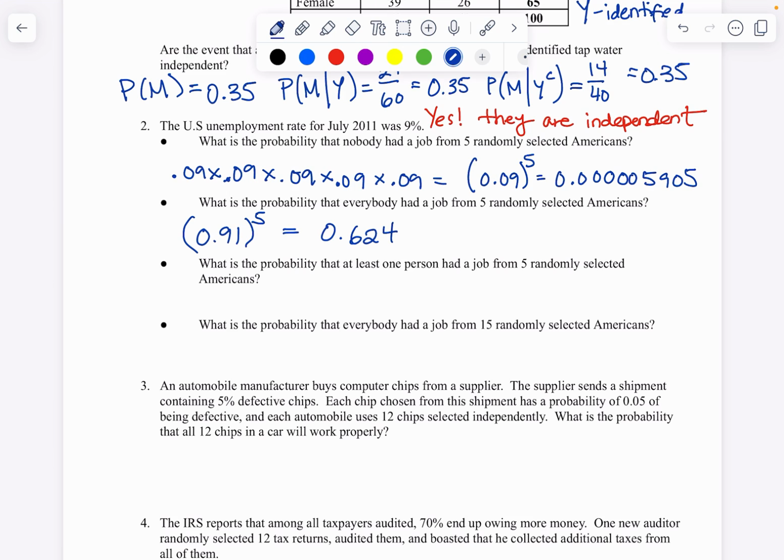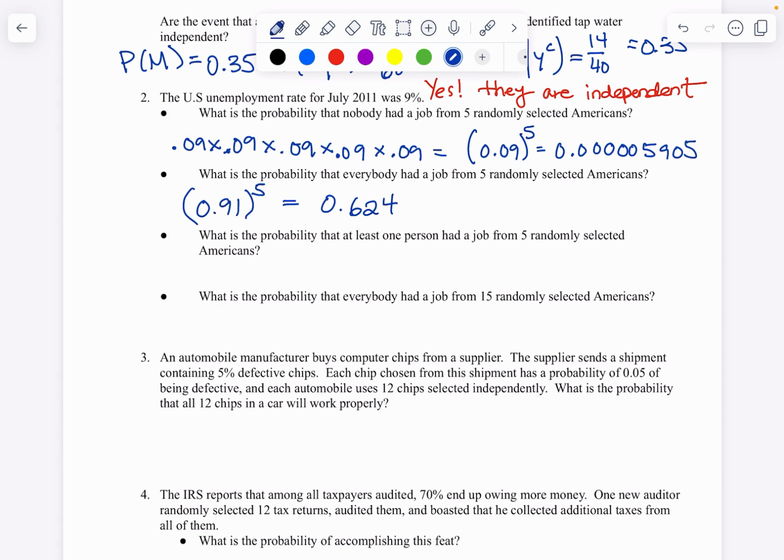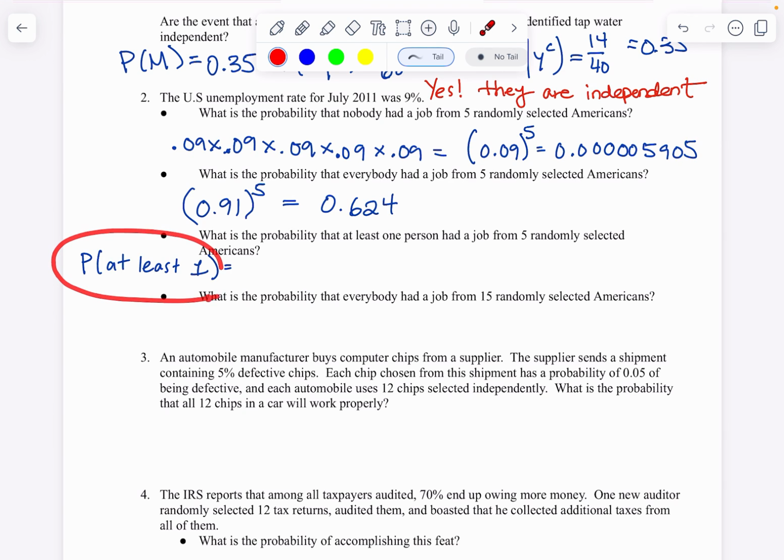What is the probability that at least one person had a job from 5 randomly selected Americans? Okay, these at least problems are tough because at least one means, okay, either one person or 2 or 3 or 4 or 5. So I'd have to go through and calculate all those probabilities.